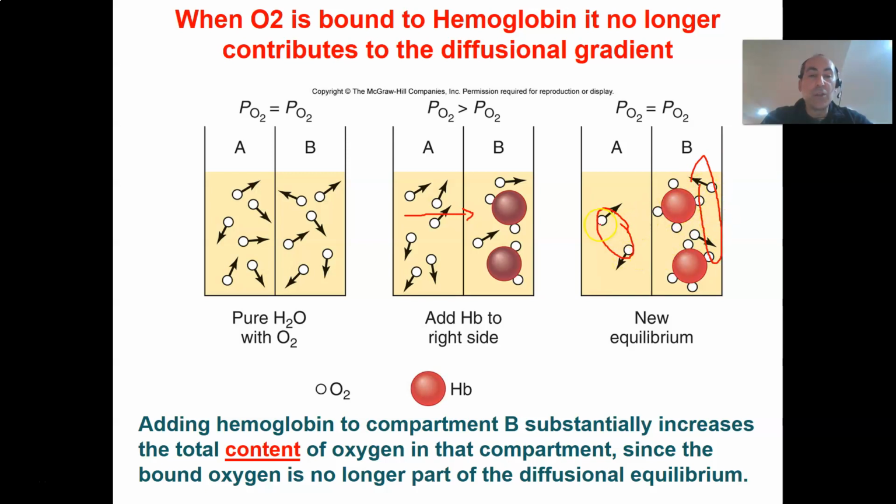It is only the 2, or in this case the 4 oxygen molecules that are unbound that contribute to the partial pressure. So adding hemoglobin to compartment B substantially increases the total content of oxygen in that compartment, since the bound oxygen is no longer part of the diffusional equilibrium. That's the important take-home message.